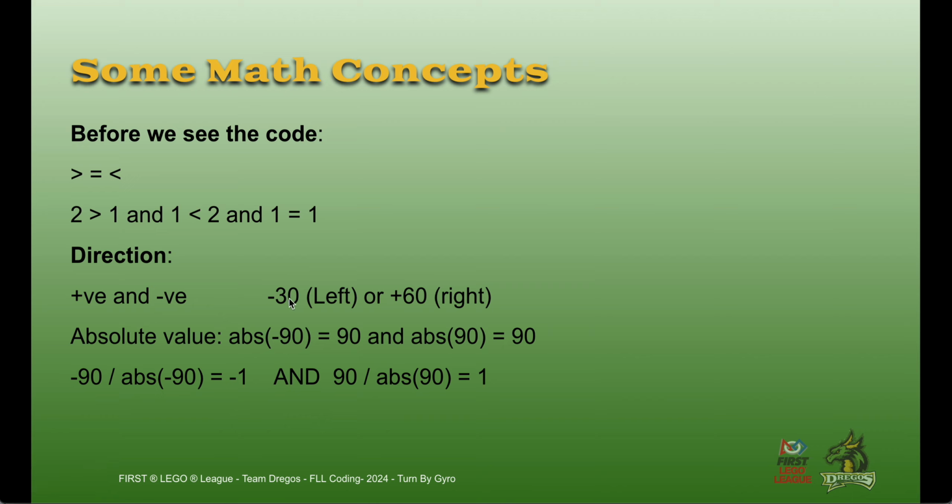Like negative 30 is a left turn, or negative 60 is a left turn. Now, the absolute value of negative 90 equals 90. The absolute value of 90 is 90. And again, here's what it would look like.